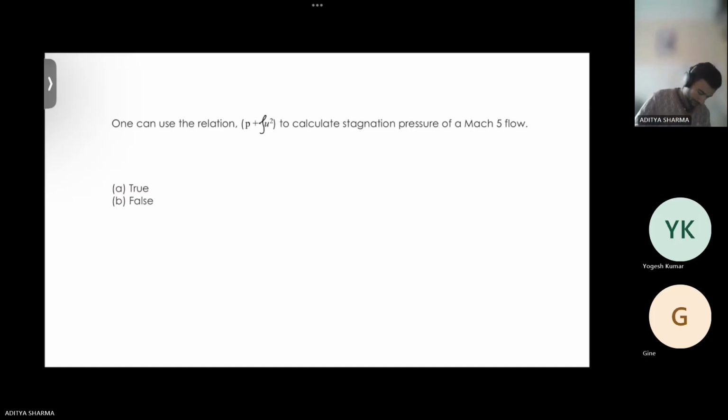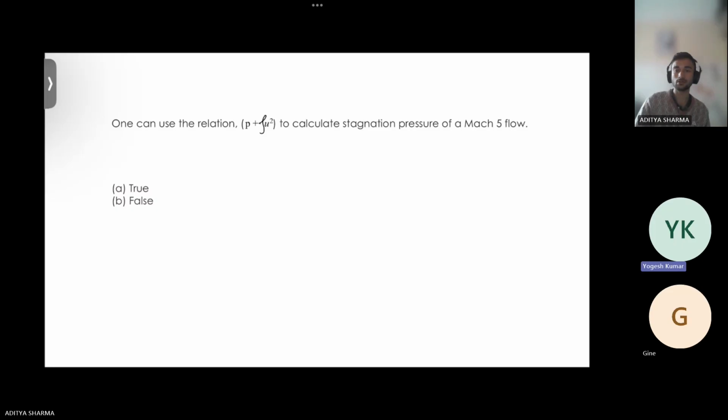Any idea about this question? Jin, any idea? Yogesh, any idea? I think it's true. Because we have given the initial velocity.